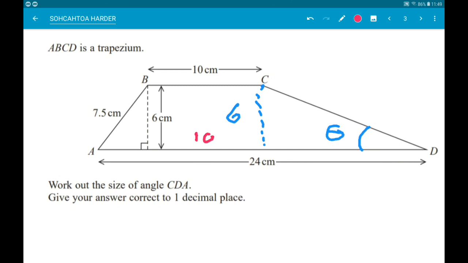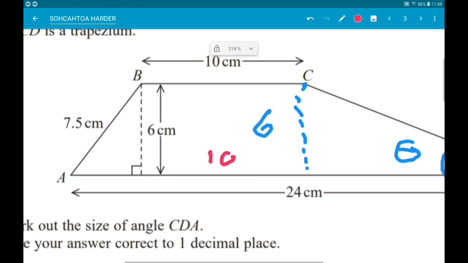Now, if we could work out the base of this triangle over on the left, we can add that to 10, take that away from 24, and that is going to leave us with the base of our triangle on the right.